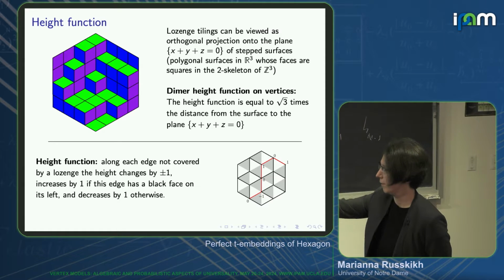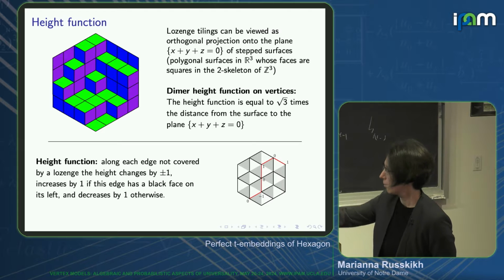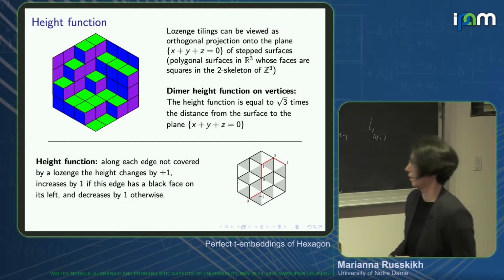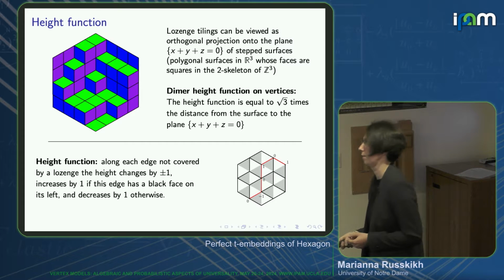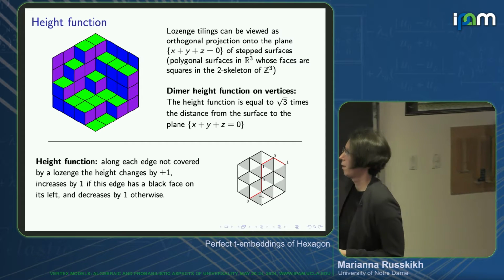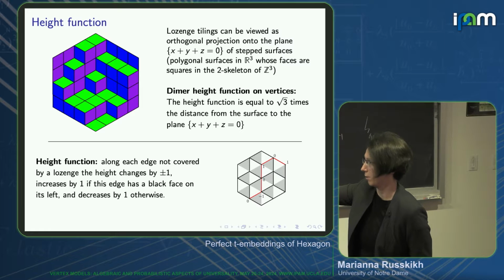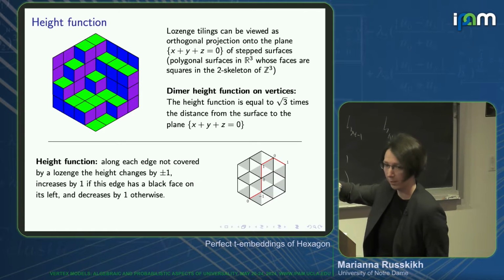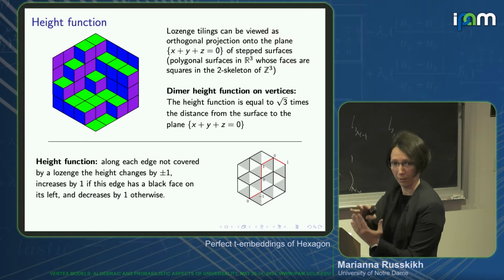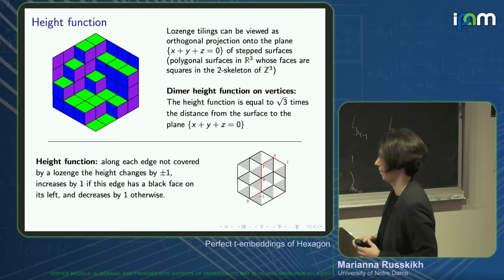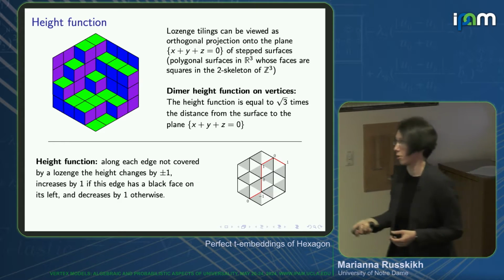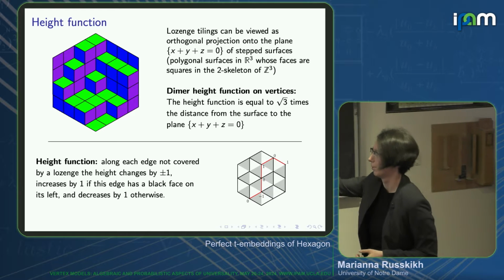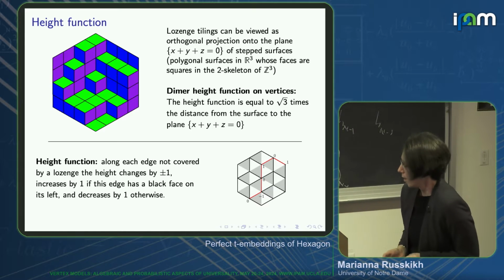We can think about this as an orthogonal projection of a step surface in R^3 with vertices at Z^3. Then we think about the height function, which we define at each vertex as the distance between the projection and the real surface itself. In general, we want to deal with integer-valued surfaces, so you need to multiply it by the square root of 3.